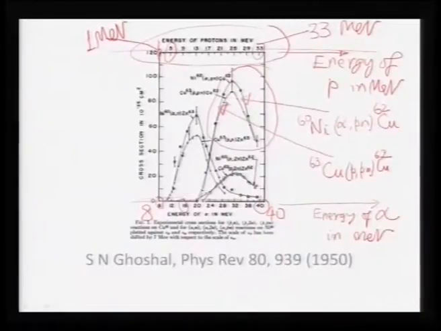So, what are we studying? We are studying how this 64 zinc decays to copper 62 emitting a proton and a neutron. So, the final products are the same, whereas the initial constituents forming this 64 zinc are different, and this graph shows how the reaction probability, the cross section, changes with the energy.